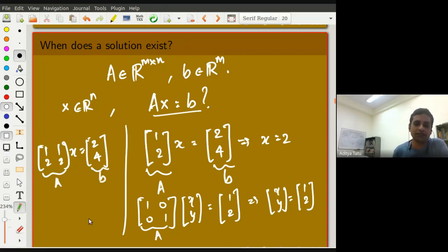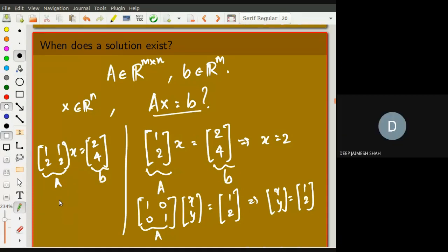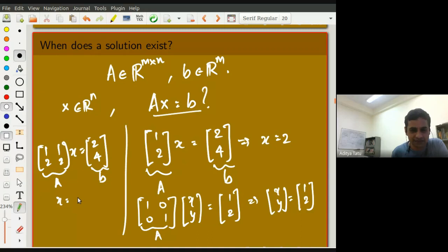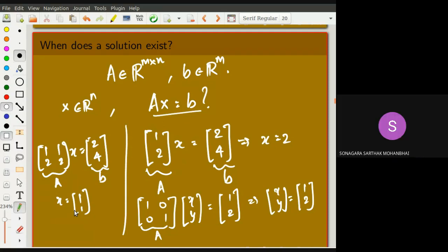What is the solution? 1, 1. Okay. But another condition on B, that Bi not equal to k Bj.